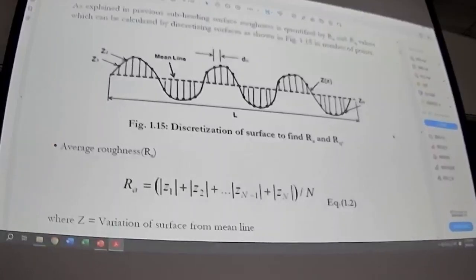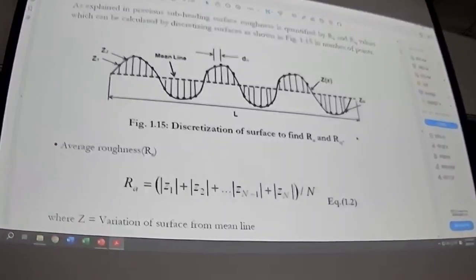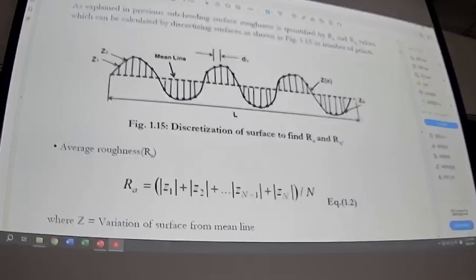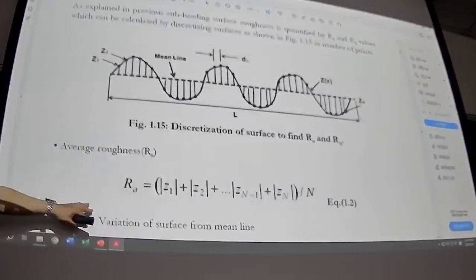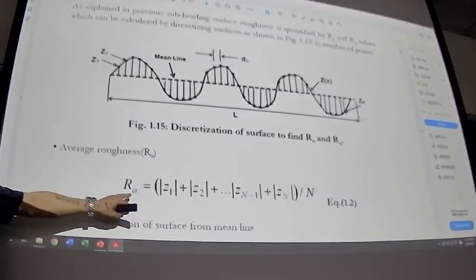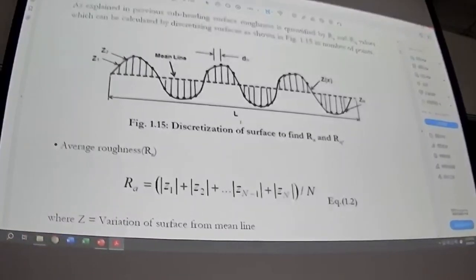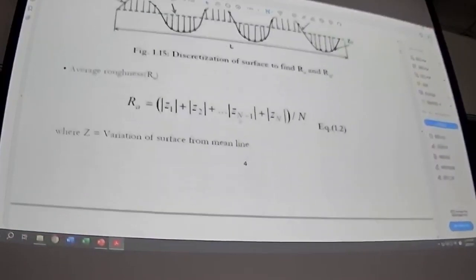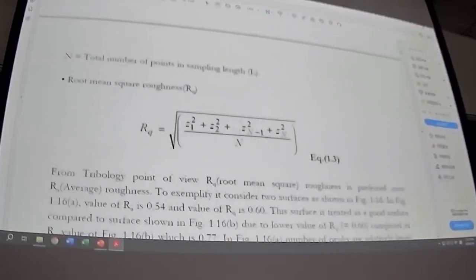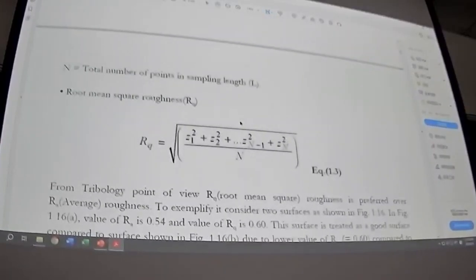So this is one of the notations we use, called Ra surface roughness. It's the average one. And also we have another notation for that. It's called the RMS, root mean square.